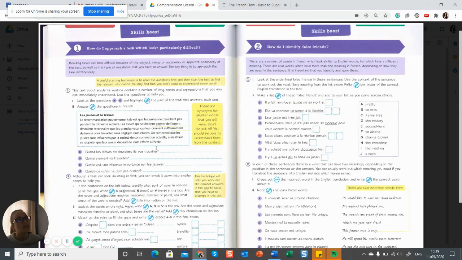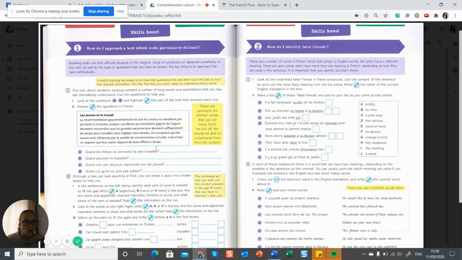Gentil actually means kind, and it looks very much like the word gentle in English, but it doesn't mean gentle. They are two different things. Although they're not dramatically against each other in terms of meaning, being kind and being gentle, although they're two positive adjectives, don't mean the same thing. So that's one example here.